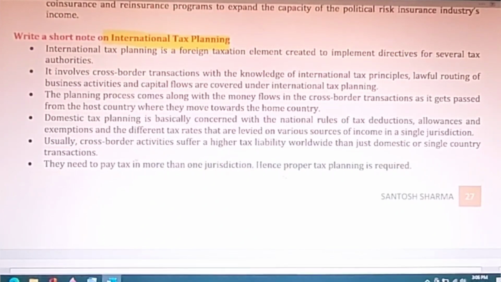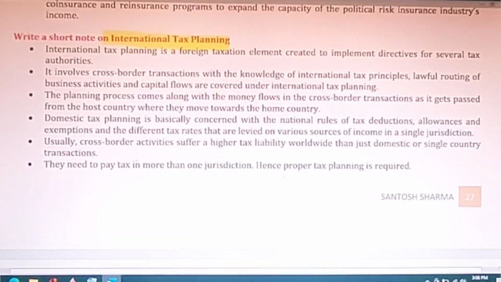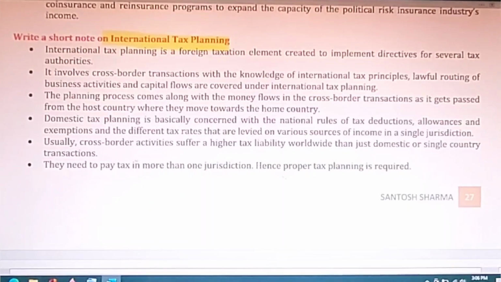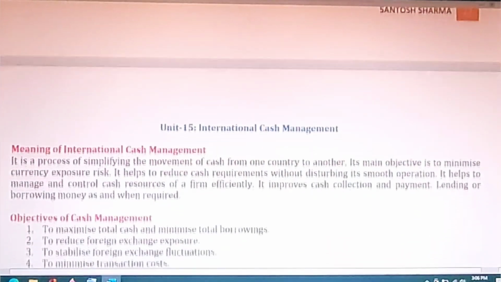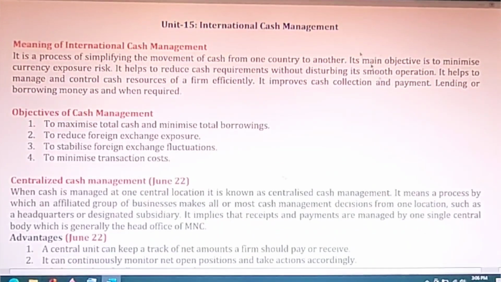But when it comes to international taxation, at least two countries are involved, and both countries have different tax structures. So it is very important for a firm to see what tax structures prevail in the importing or exporting country.